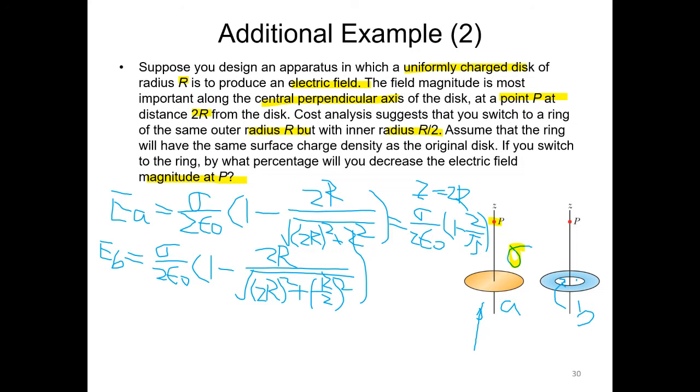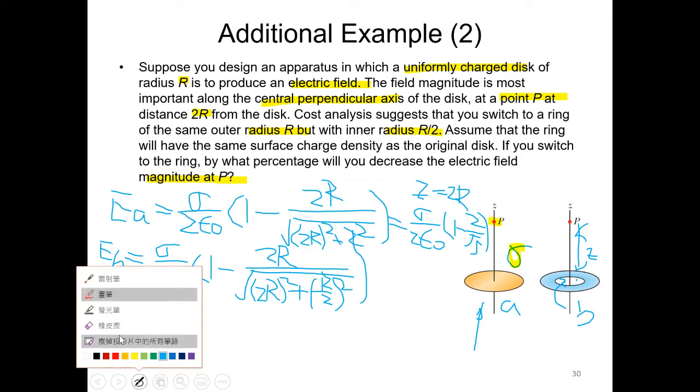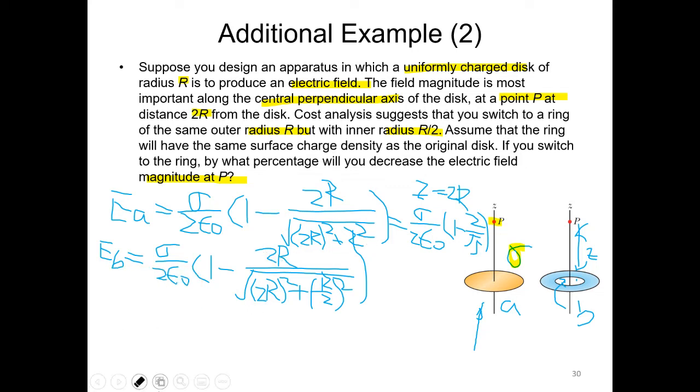Because the Z should remain the same, so this is still 2R.